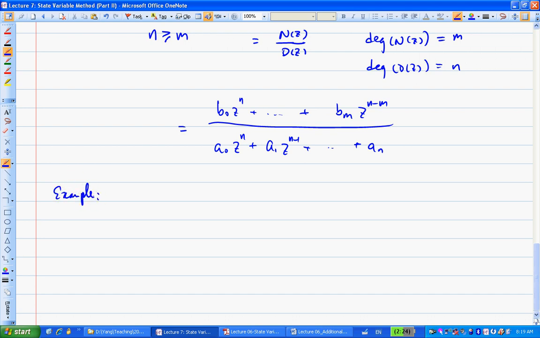So let's say I have G(z) equal to 0.5z squared plus z, over z cubed. Let's say this is my pulse transfer function.